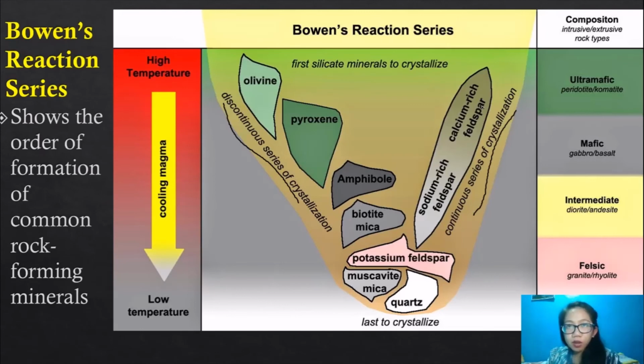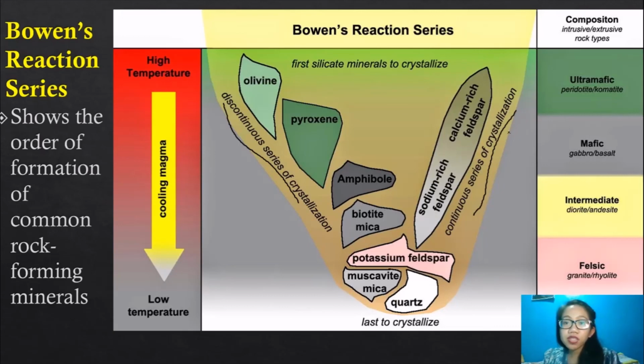So when it comes to the cooling down process, since the minerals are made up of different types of elements, basically, and the elements have different reactions to different levels of temperature. So calcium-rich feldspar are actually the first to form even in high temperature.